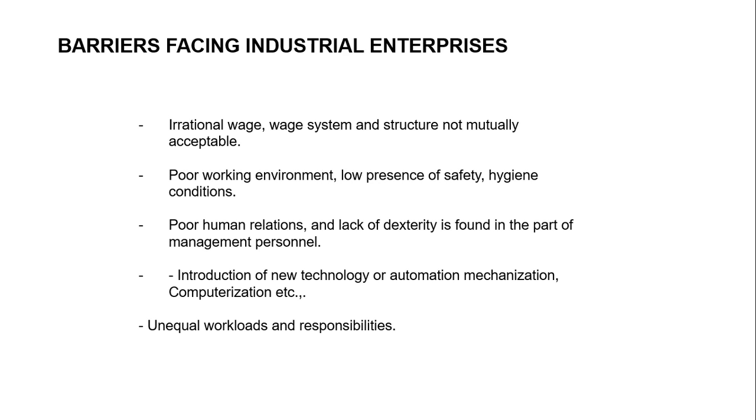For example, if your manager loads you with many tasks more than what is agreed in your agreement or in your specification of your work or job, it will not be acceptable human or personnel relationship.